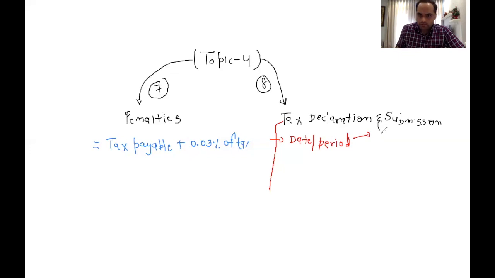That's mainly the 20th of the following month. So let's say the time period finishes at the end of 31st of March, then the 20th of April is the submission deadline to submit the tax return.